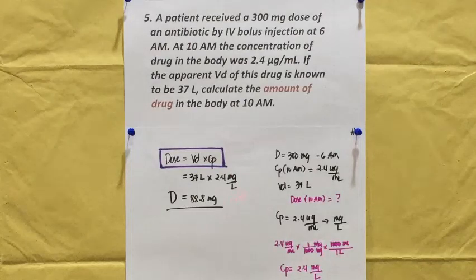Let us try to substitute. Vd is 37 liters times the Cp of 2.4 milligrams per liter. So the dose of the drug is 88.8 milligram. So ibig sabihin, at 10 a.m., this was the dose that gave the plasma concentration of 2.4 micrograms per ml.